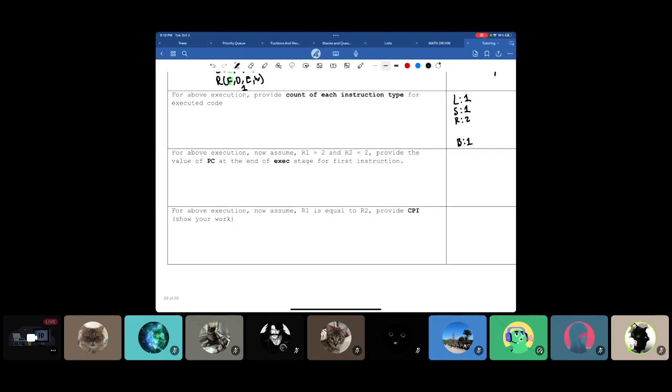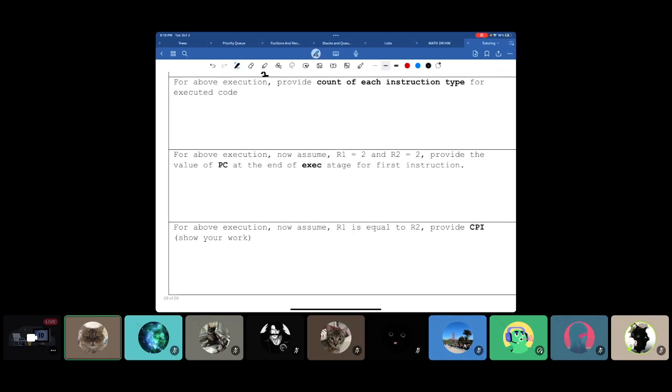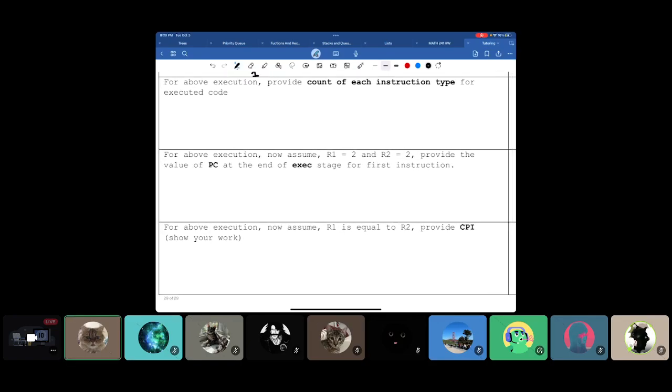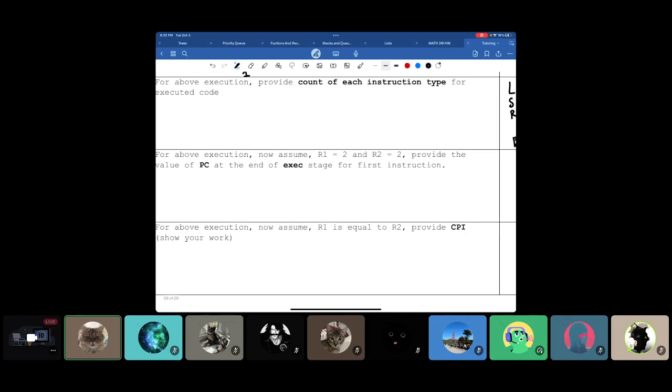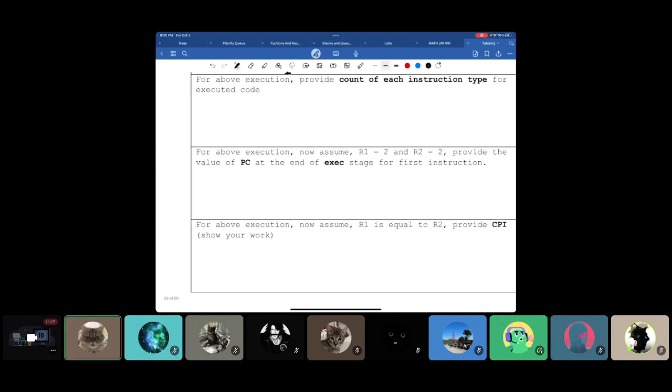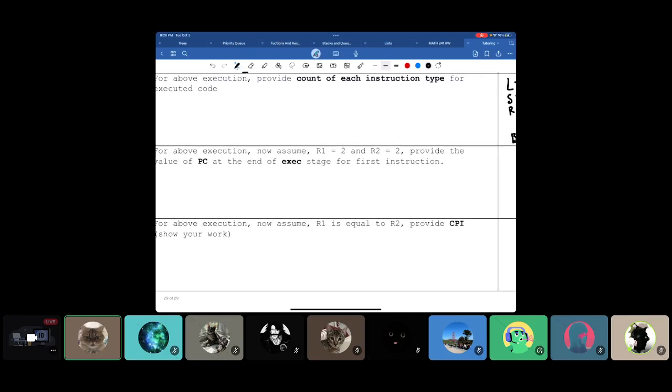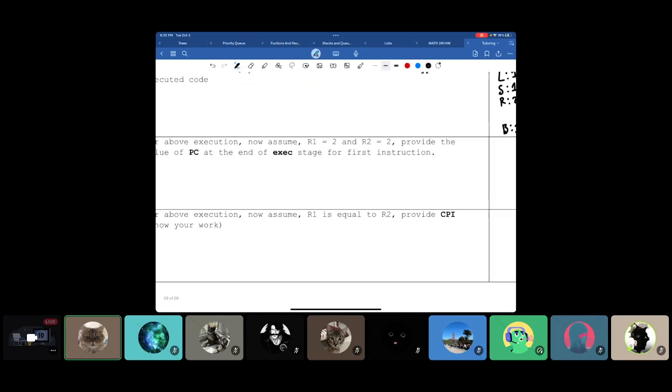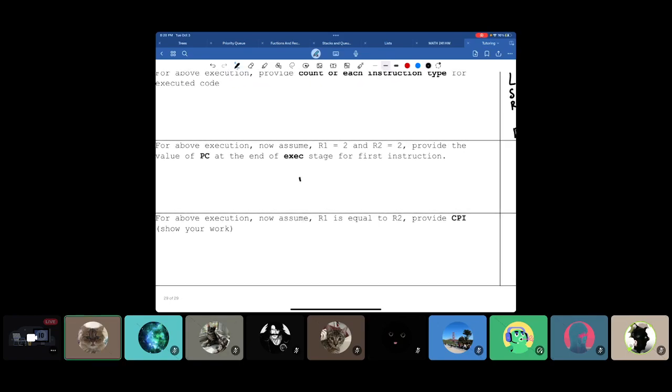And then here it says, for above execution, now assume R1 is equal to 1 and R2 is equal to 2. Provide the value of PC at the end of exec stage for the first instruction. So it's saying that R1 is equal to R2, right? Because they both have the same value.